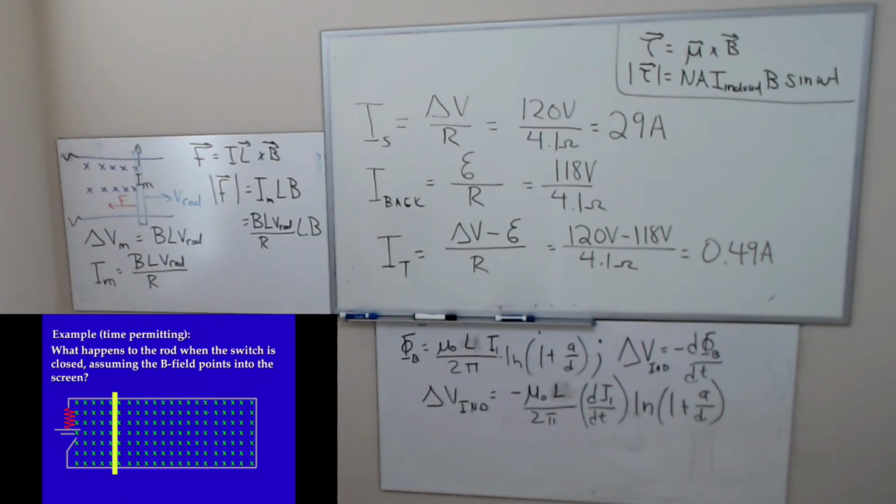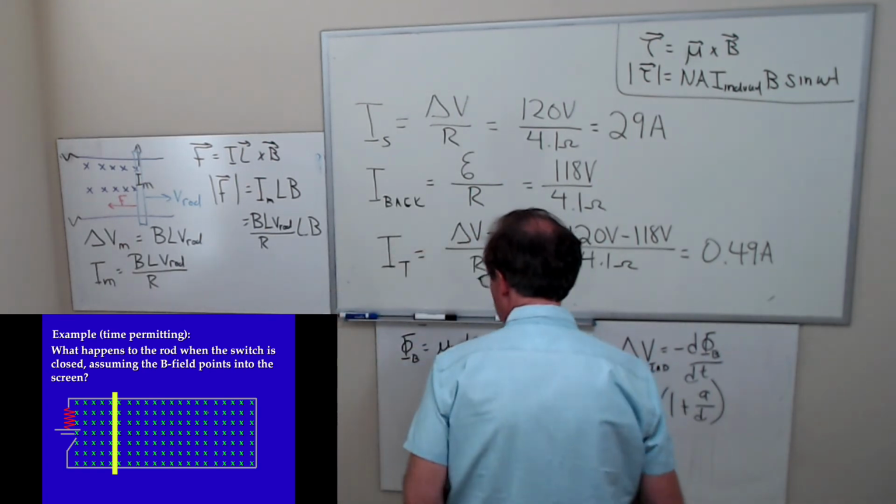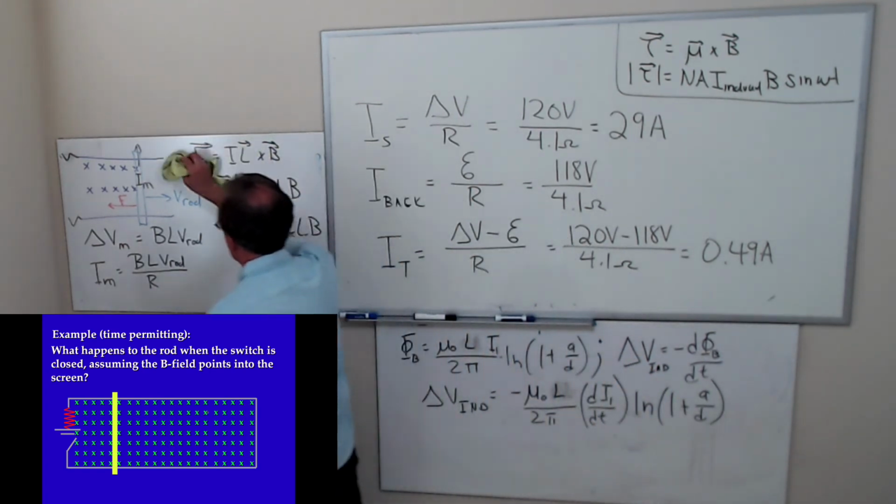I have to draw the whole loop in this particular problem, because I have to show you where the power supply is. I close the switch in the rail gun. Let's say it's really long.